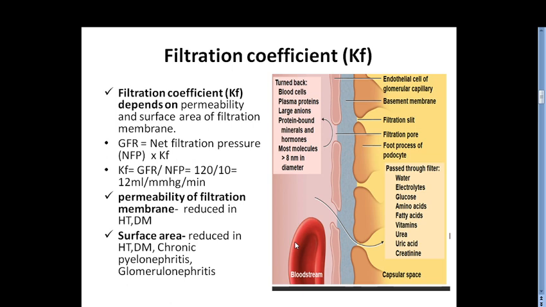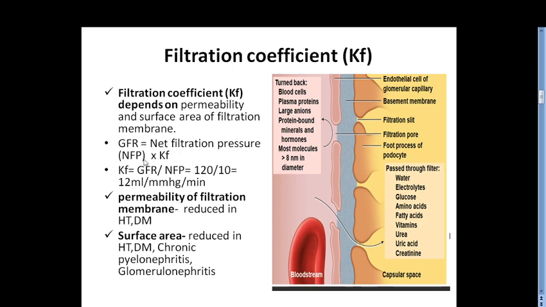This filtration coefficient depends on two factors of the filtration membrane: the permeability of the membrane and its surface area. If there is any change in the surface area or the permeability, it will definitely affect the glomerular filtration rate.